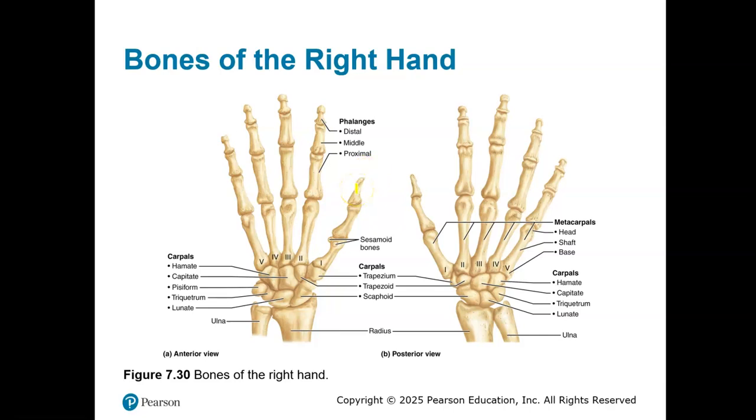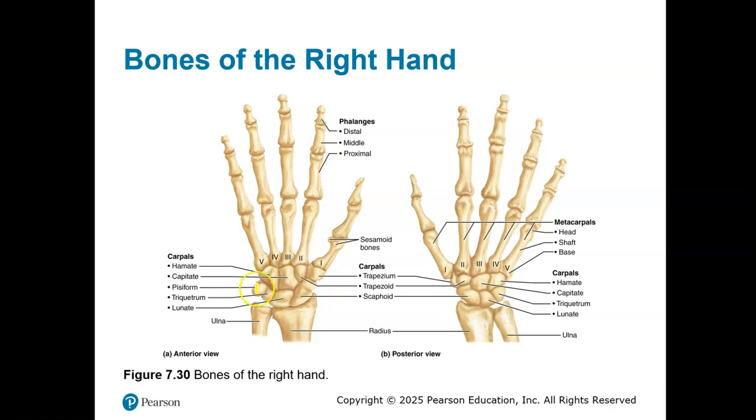This is a picture of your wrist bones, from the open palm, because this is our anterior view. Remember that the person is in the anatomical position, so their palm is facing forward. So we have scaphoid, lunate, triquetrum, pisiform.